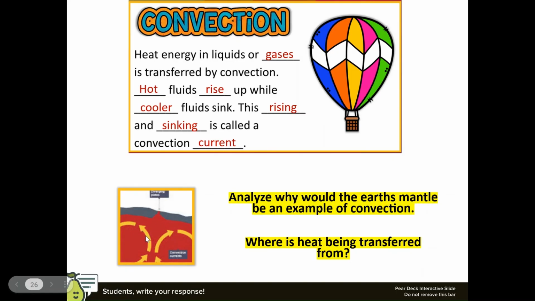And the one closer to the center of the earth over here is still hot, but not as hot as the one up here. So the hot goes up, and then the colder magma comes down, and it just circulates in that direction. Hot goes up, cold goes down, hot goes up. So scientists have also determined that the rotating of magma in the earth is also an example of a convection current.